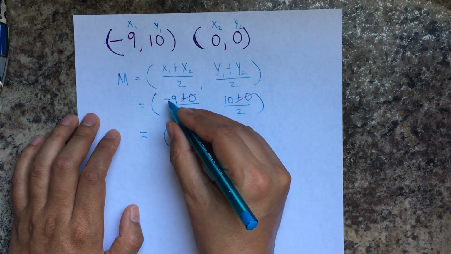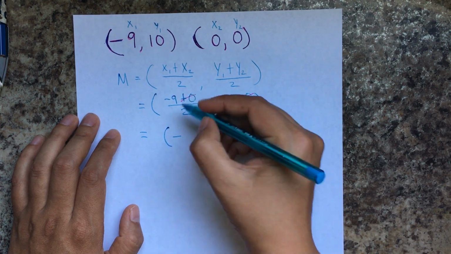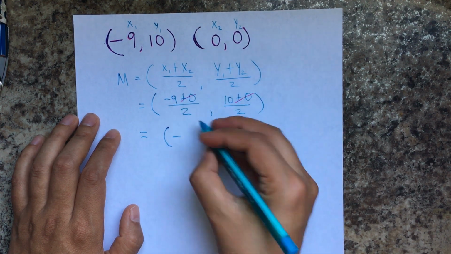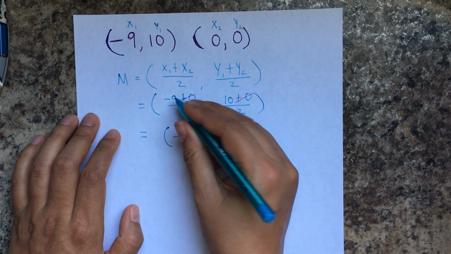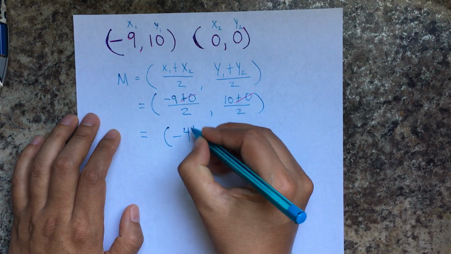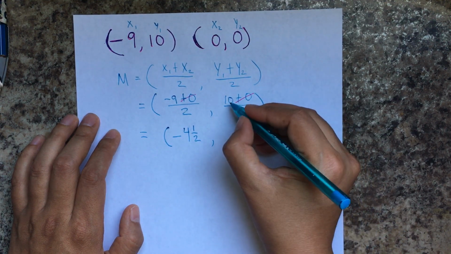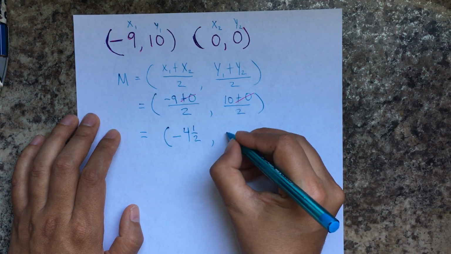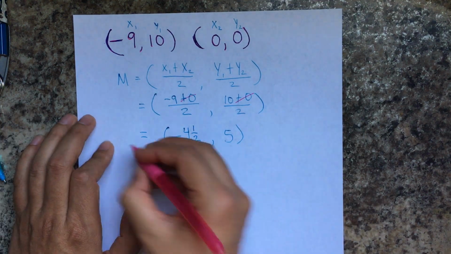So first of all, negative divided by positive, negative. How many times does the 2 go into 9? 4 times. 4 times 2, 8. To 9, you have 1 left over, and you just bring down the denominator. And here, 10 divided by 2 is 5, and that's it. That's your midpoint.